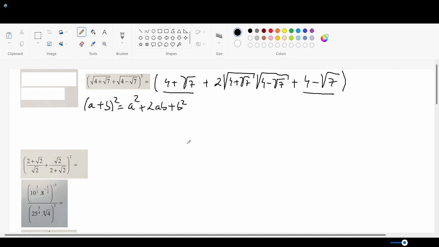Okay, so let's have a look what can we do next. I can see that I will get rid of these two radicals, so my next step would be 8 plus 2 times square root of 4 plus square root of 7 times square root of 4 take away square root of 7, which basically means this is like 8 plus, and I'll try to simplify it this way.